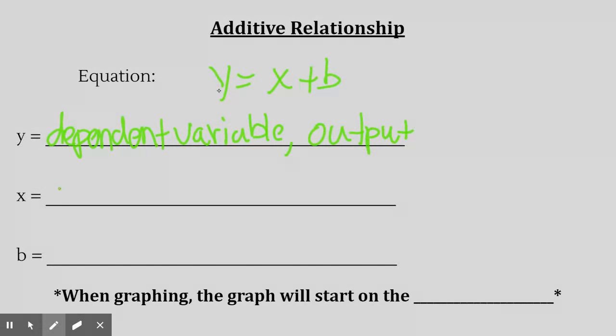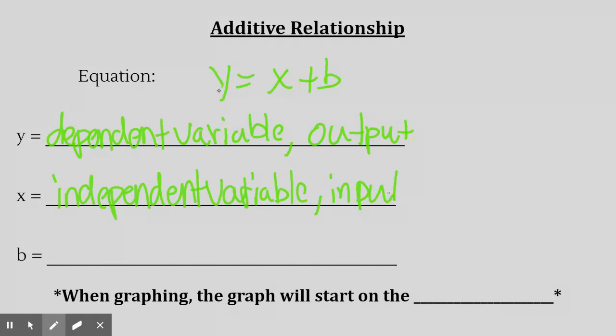X is our independent variable, also known as our input. And then the letter b is going to be our constant, our rule, our pattern.